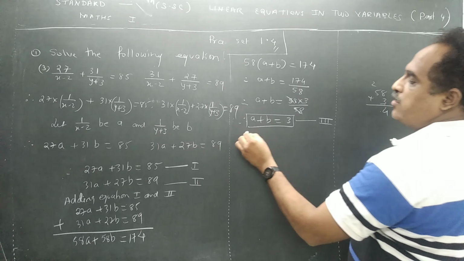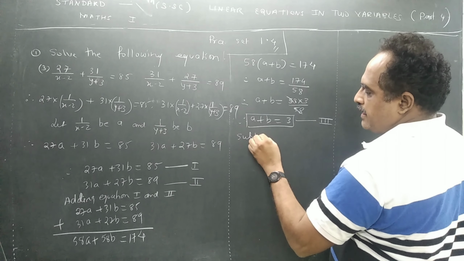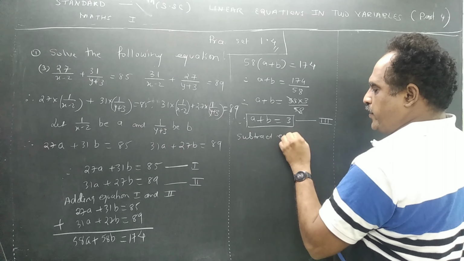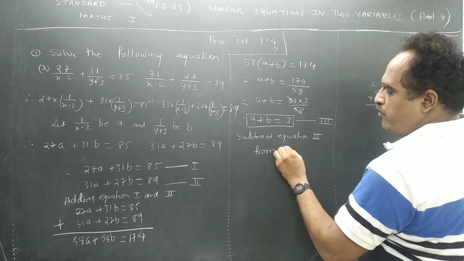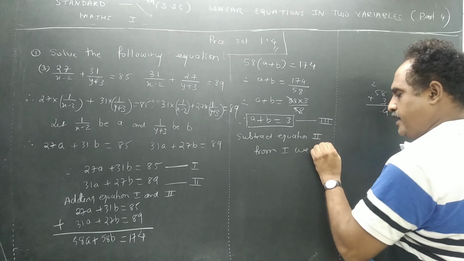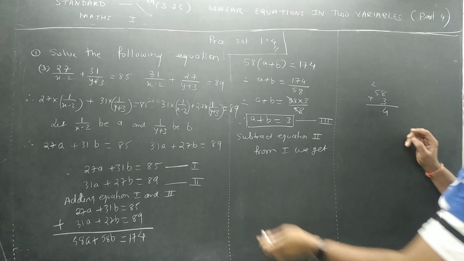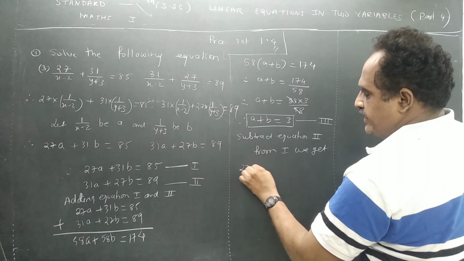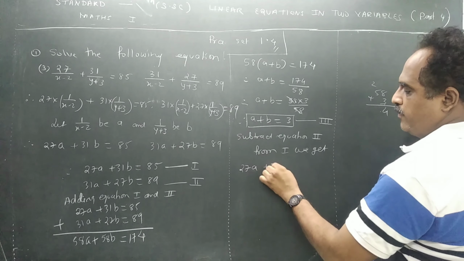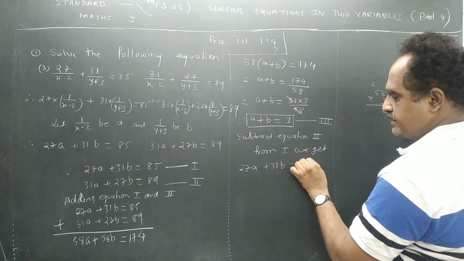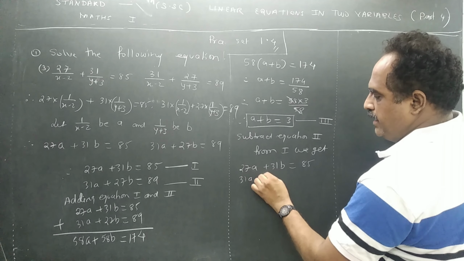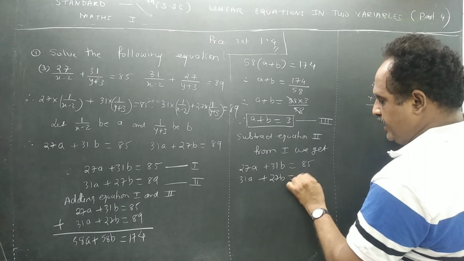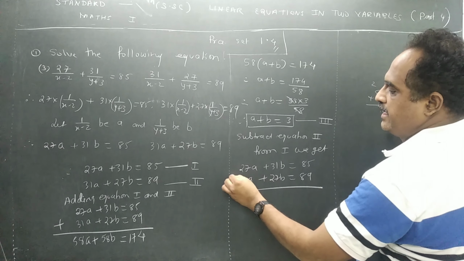Then now we are going to subtract. Subtract equation 2 from 1. We have to subtract, so 27a plus 31b is equal to 85, and 31a plus 27b is equal to 89.